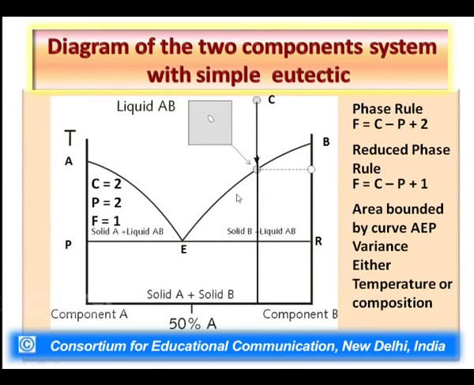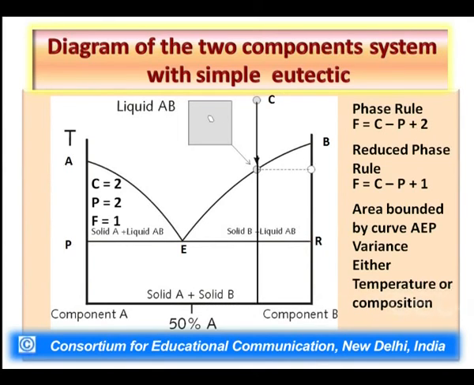Any point within the area bounded by curve BER is a two phase equilibria, which means one solid phase, that is B, in equilibrium with melt, and the area bounded by curve AEP represents again two different phases, liquid mixture in equilibrium with solid phase, but now the solid phase is solid A.